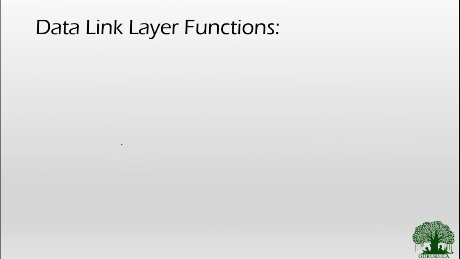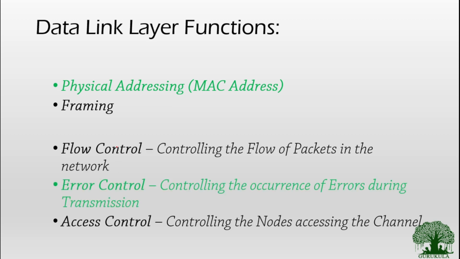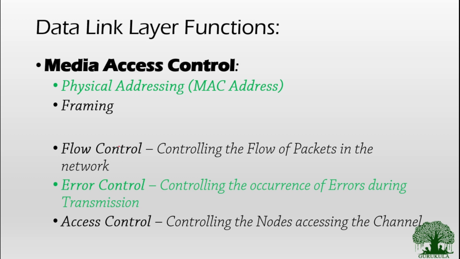And then we have seen the various functions of the data link layer, out of which we have discussed physical addressing, framing, flow control, error control and access control. We have also seen that the first two are functions of the media access control sublayer and the rest of the functions are the responsibility of the logical link control sublayer.